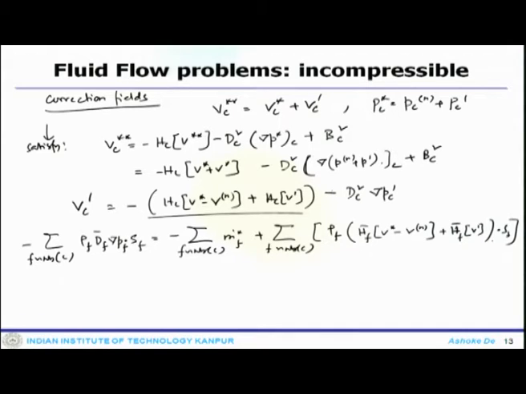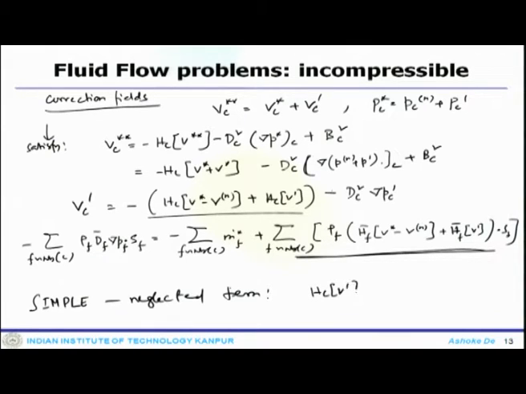Now, the underlined term here can be neglected, or typically this is neglected. The term neglected in PRIME, this underlined term, can become smaller, but then the term neglected in SIMPLE was Hc V prime.